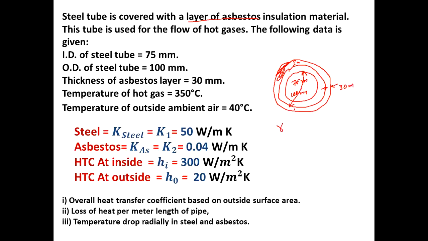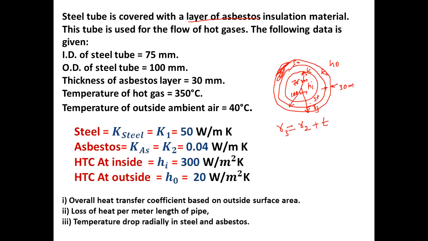Then R3, if you want to take R3, then R3 is equal to R2 plus thickness. You can consider this one hi, you have h0. This is internal, thermal conductivity K1, K2.